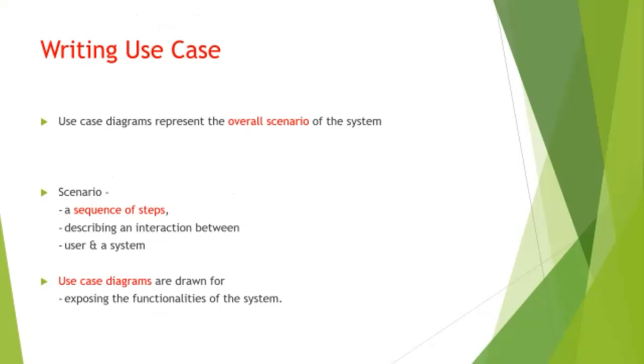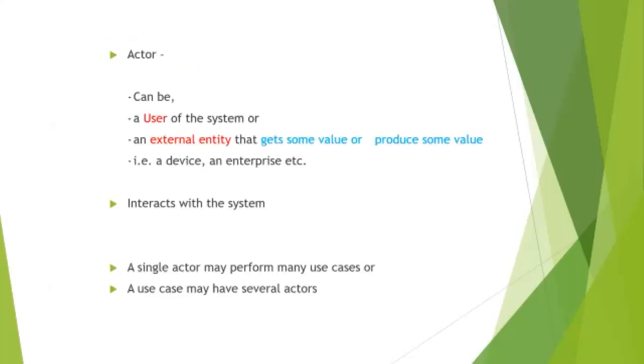The use case diagram represents the overall scenario of the system. Scenario means a sequence of steps describing an interaction between a user and a system. Use case diagrams are drawn for exposing the functionalities of the system.